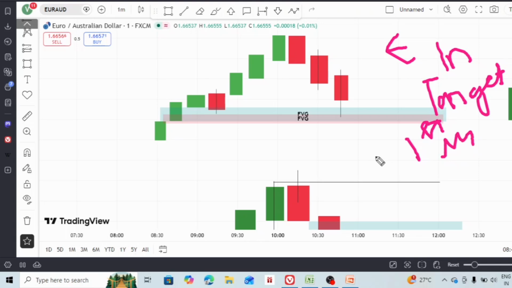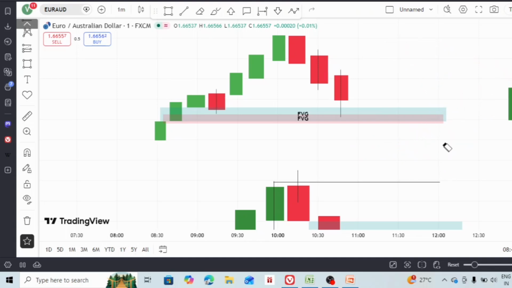Also, if a gap has already been mitigated before and the market reverses to the gap again, that could also be a manipulation gap. Let me place the gaps here and show you. We'll discuss this concept in more detail in the following classes. This is just the basics that you need to understand.